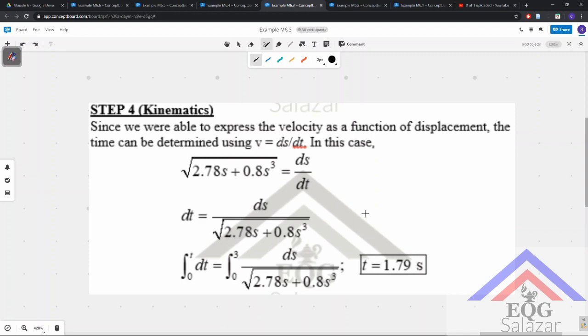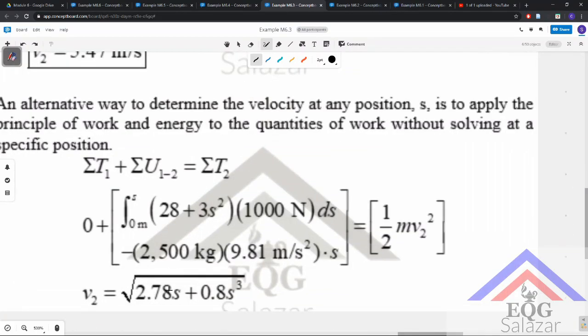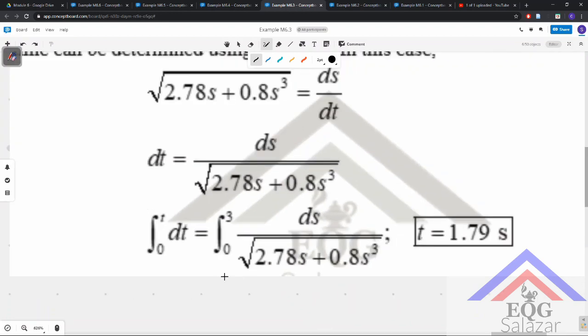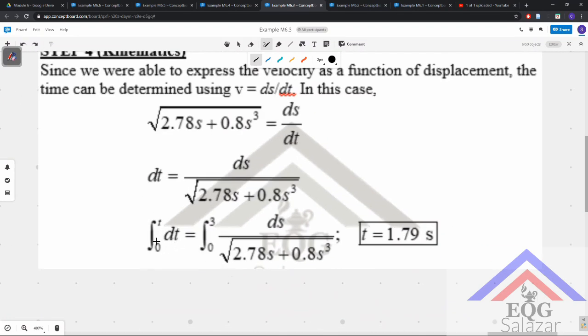If we plug the expression for velocity that we got here into this differential equation, we will have dt equal to ds over the square root of 2.78 s plus 0.8 s cubed. We can then integrate both sides: the left side from 0 to t and the right side from 0 to 3, and we will have a time of 1.79 seconds.